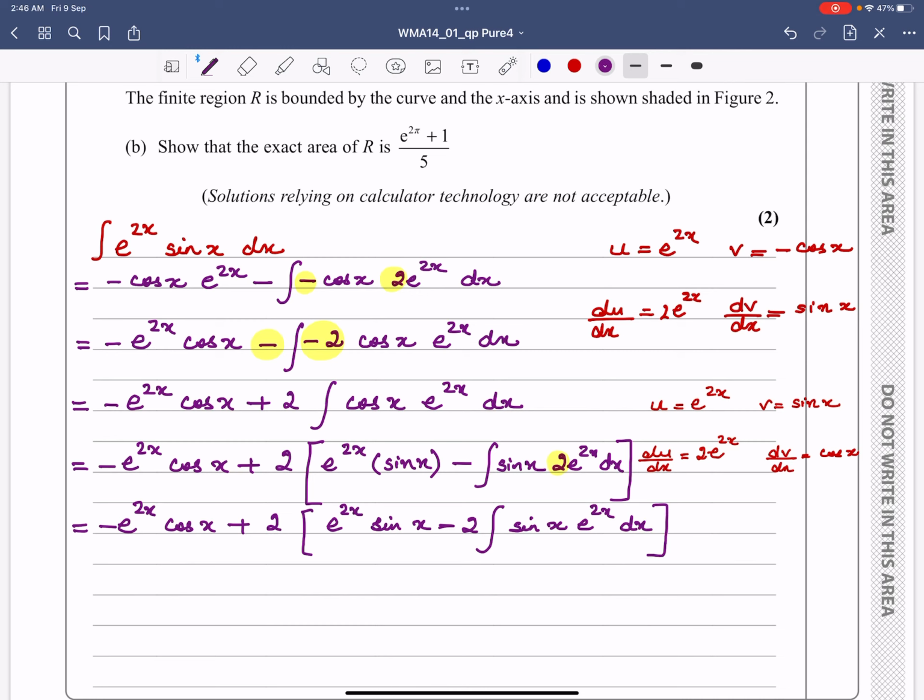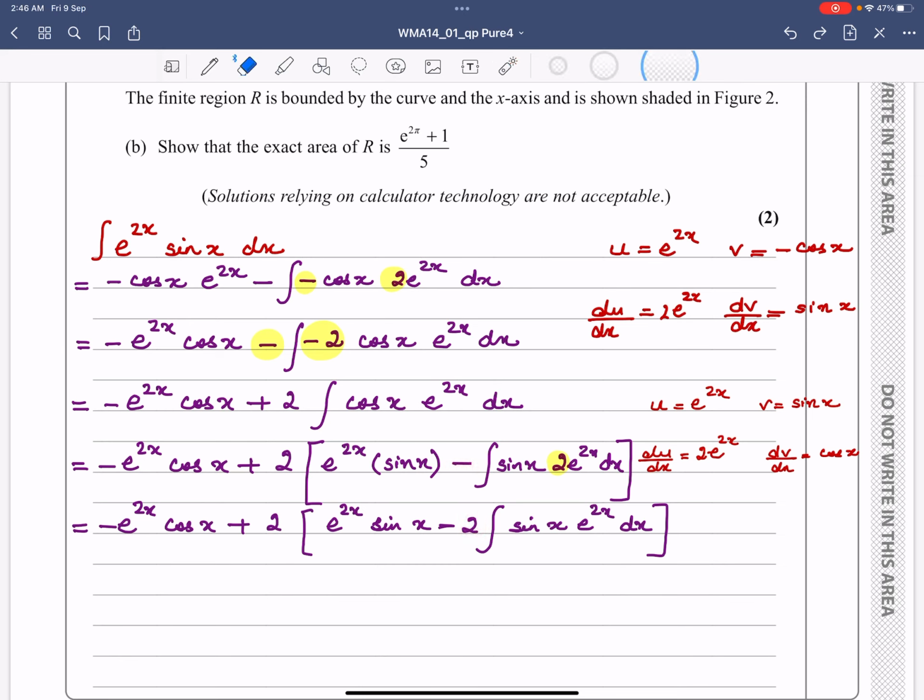So I've just removed the 2 outside the integral sign, and I've written here it multiplied with the minus and became minus 2.